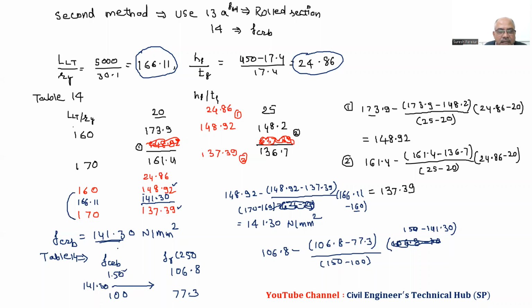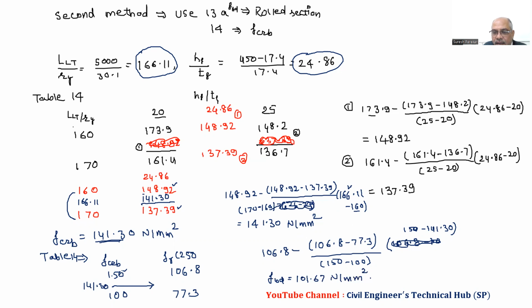If it is lesser than the actual value, then we have to subtract. If it is greater, as here, we subtract it. Likewise, we have to go for this, and from this we will get the value for FBD. This value comes equal to 101.67, by the second method. So you can see very little difference.